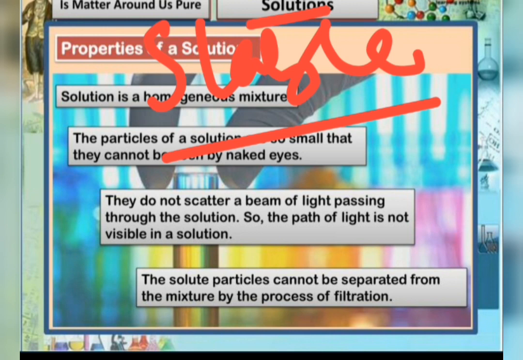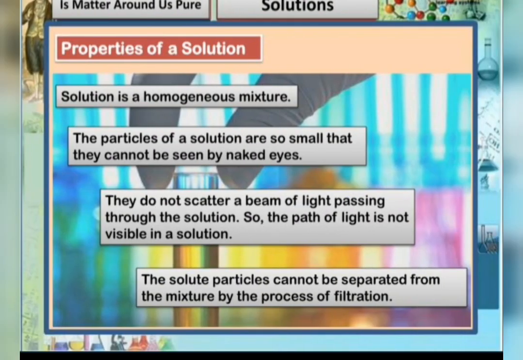That is why they do not separate out from the solution if we keep them undisturbed for some time. So solutions are stable, particles do not separate out on keeping. So this was all about the solutions.